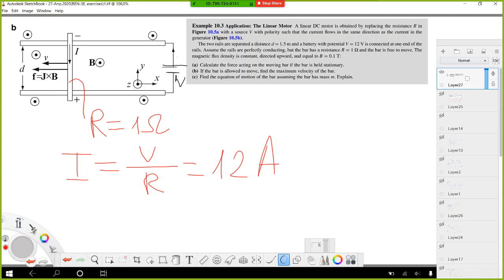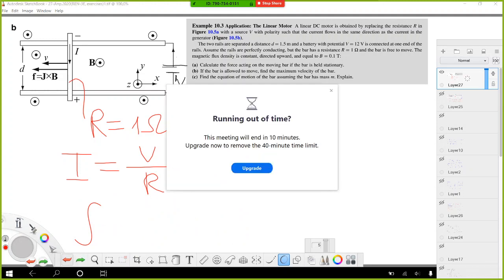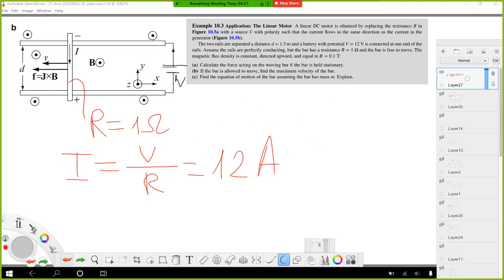And the force is equal to current density J cross magnetic field B. Or, okay, we don't use this.